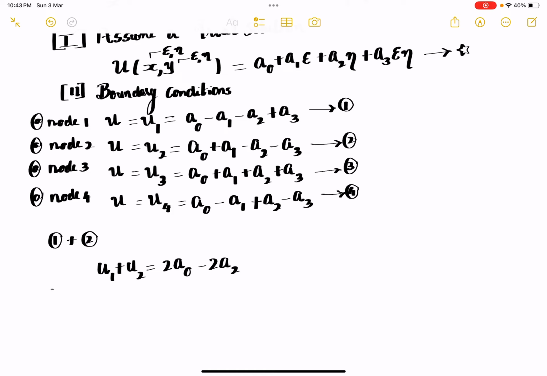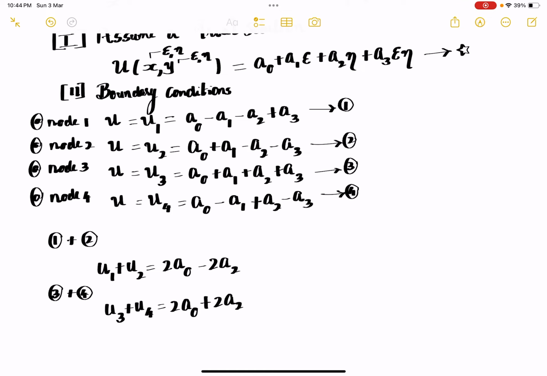Adding equation number 3 and 4, I get u3 plus u4 is equal to 2a0, a1 goes away, a3 goes away, plus 2a2.